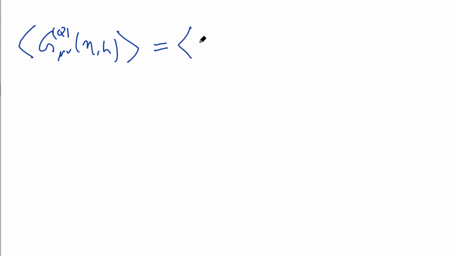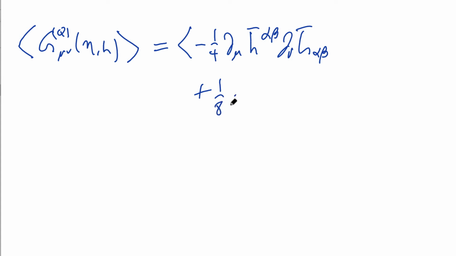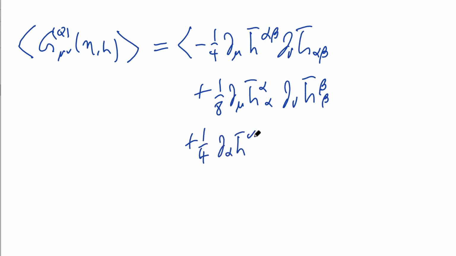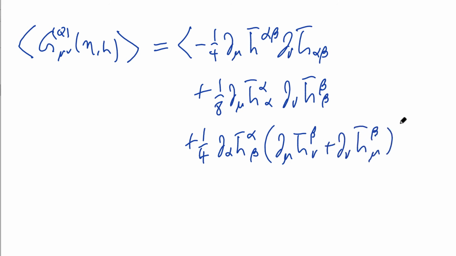the only terms that remain are minus 1/4 partial mu h bar alpha beta, this is the trace reversed metric perturbation, times partial nu h bar alpha beta, plus 1/8 partial mu h bar alpha alpha partial nu h bar beta beta, plus 1/4 times partial alpha h bar alpha beta times partial mu h bar beta nu plus partial nu h bar beta mu.